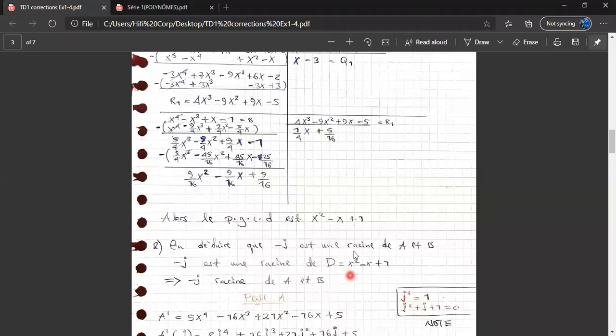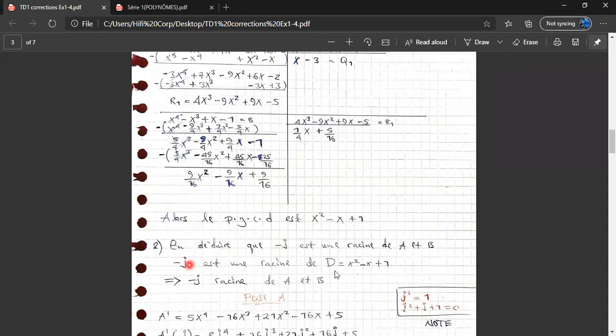So here we're going to have j. And then negative j, when you put it here, is going to cancel this, so we're going to have j. So we're going to have j squared plus j plus 1. And its identity is that j squared plus j plus 1 is equal to 0. So when we put our j here, it's going to give us 0.